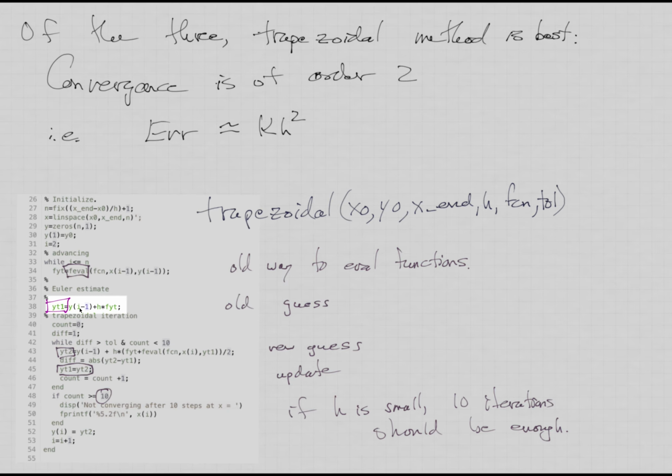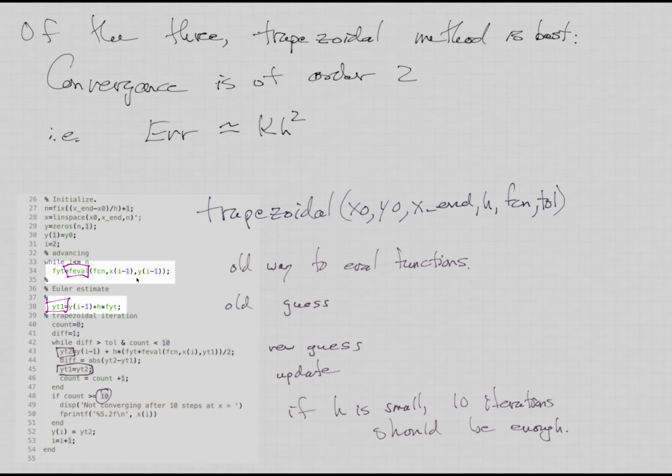So i represents the time element, if you like, the successive x values that you're looking at. So this says take the previous y value plus h times fyt. Fyt is exactly the function f evaluated at the previous point, right?